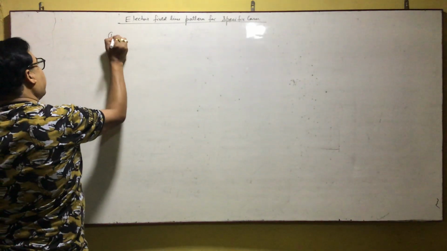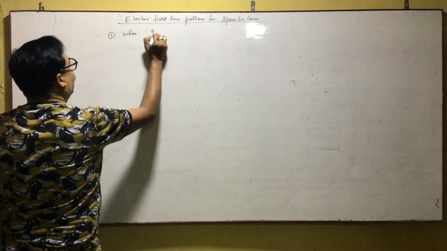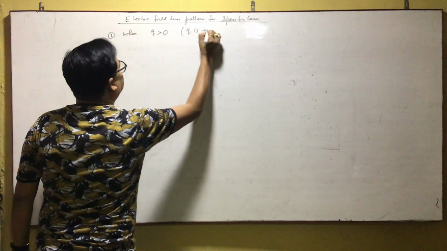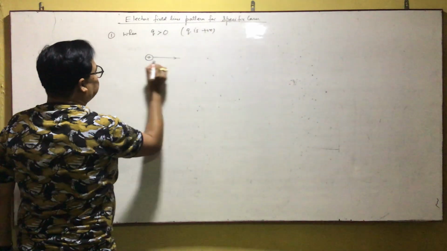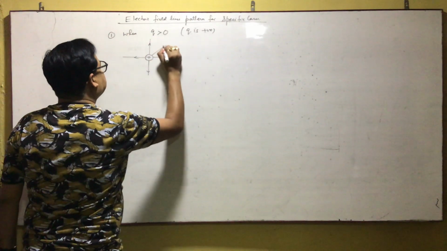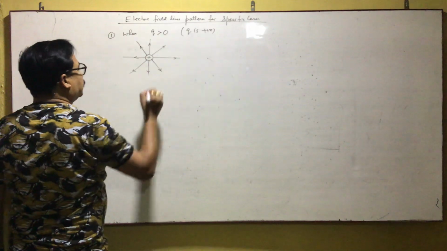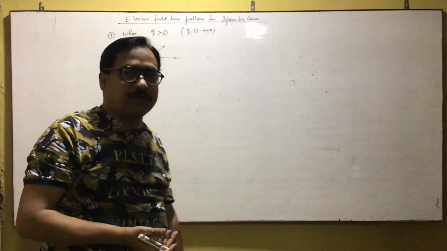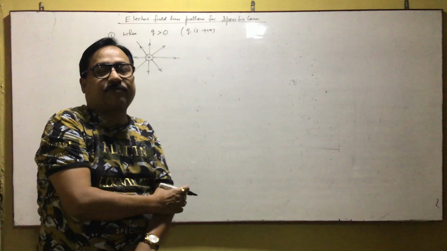The very first is when Q is greater than 0, means Q is positive. So we can draw like this. We have to show the lines of force coming out from this positive charge. As we know from the property, the electric lines of force start from positive.